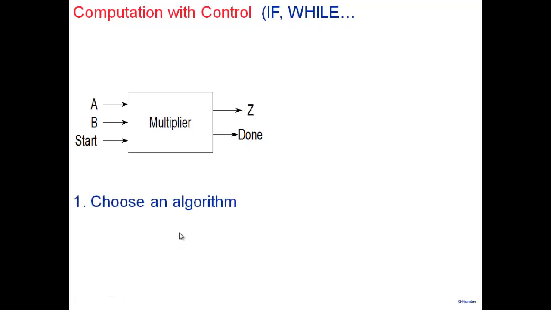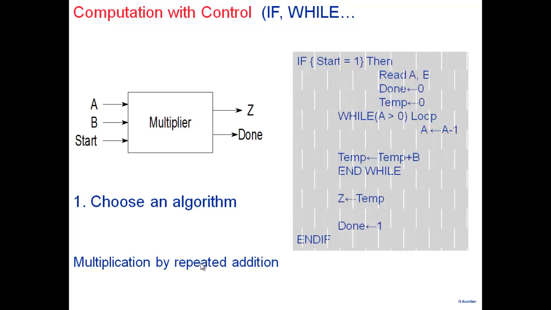So the first thing is, remember at the top level, what algorithm do I use for multiplication? In our case, we'll use a very simple algorithm because we have to keep things simple. So multiplication by repeated addition. Right? So this is my algorithm. If start is equal to 1, then I read A, B, done equal to 0, temp is some internal register.